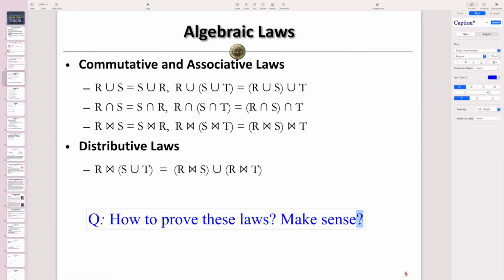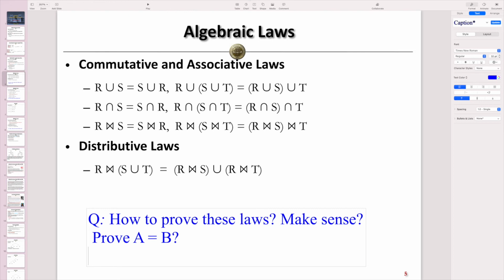If you still remember, when we want to prove two relations or two sets are equal to each other, right? If we plan to prove A equals B, how can we prove this?